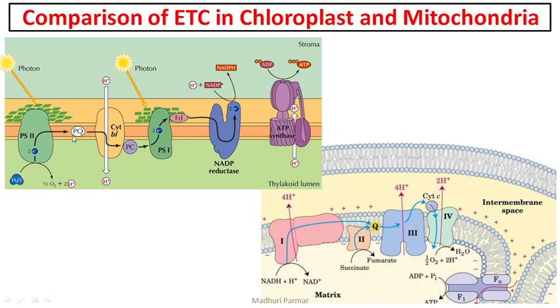From photosystem 2, they were passed on to plastoquinone, to cytochrome B6F, from cytochrome B6F to plastocyanin. Plastocyanin will give electrons to photosystem 1, and photosystem 1 was finally giving them to the enzyme called NADP reductase, and the terminal electron acceptor was NADP plus. So this NADP plus will accept electrons and get converted into NADPH.